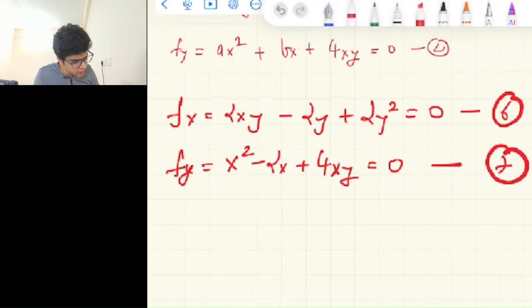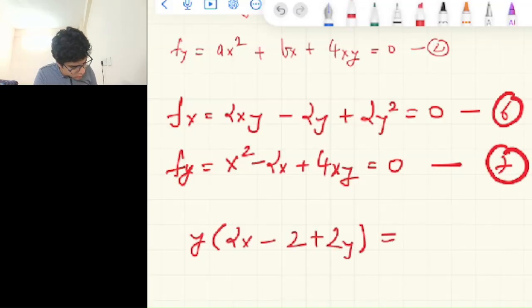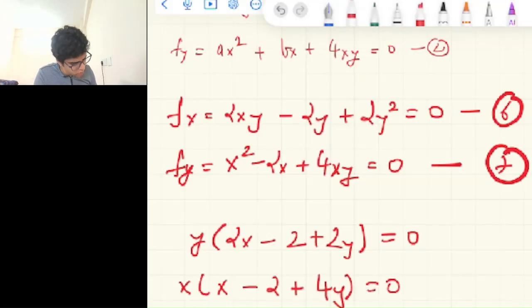Right. So in the sixth equation, I'll be taking y common. So just taking y common, I'll be left with 2x minus 2 plus 2y equals 0. And in the second equation, I'll be taking x common, and this will give me x minus 2 plus 4y equals 0.